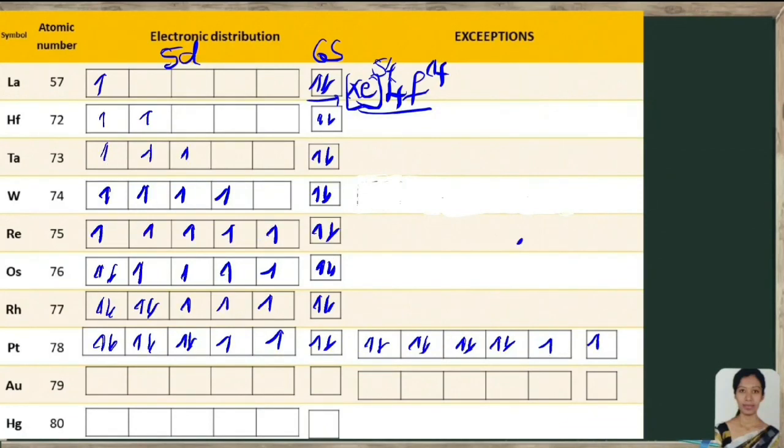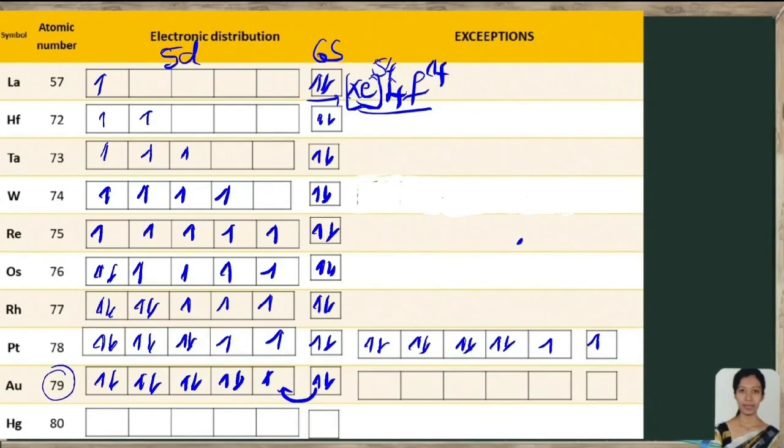And for gold, with atomic number 79, what we expect is 6s2, up to here 70 electrons filled, and 9 electrons in the 5d orbital. But this is not actually true. If the electron comes and is placed here, the d orbital will be fully filled and the s orbital will be half filled.